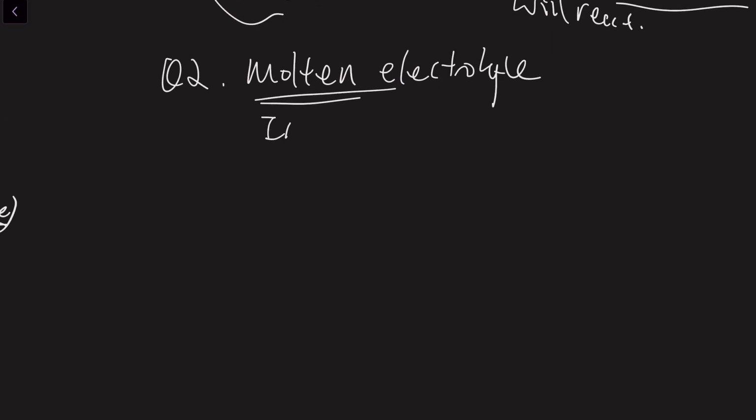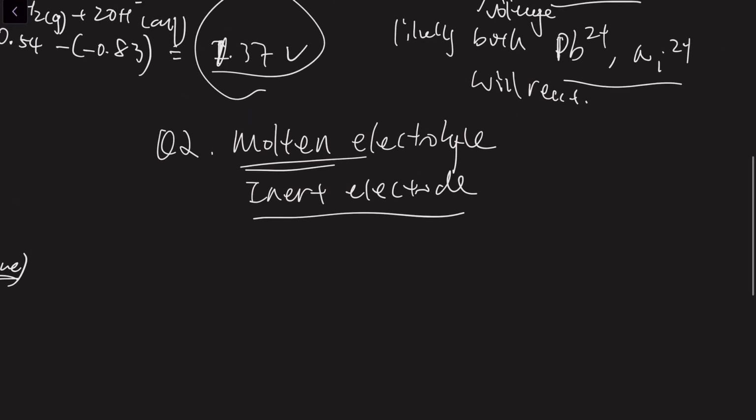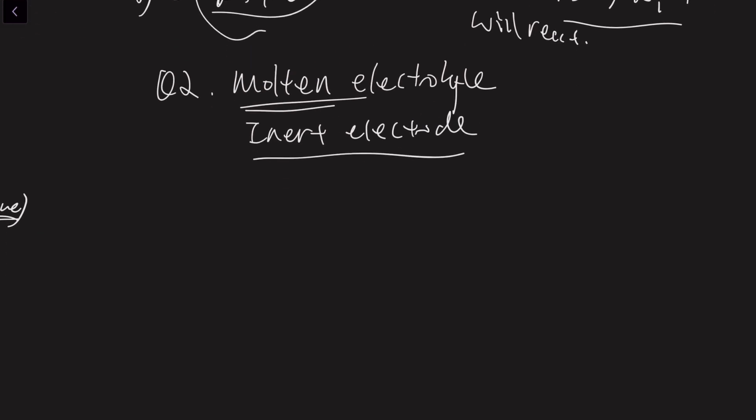And we also have inert electrodes. So this is also good news. You don't need to think about what's going on in the electrode. And we have zinc chloride as the molten electrolyte. So this may be the carbon electrode.